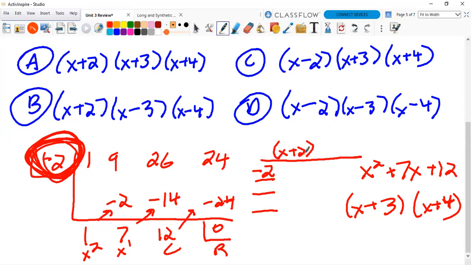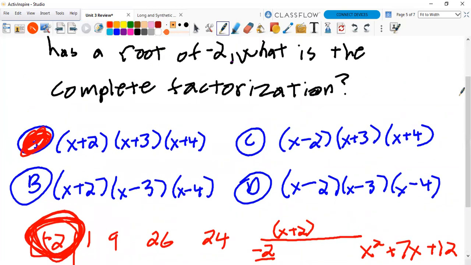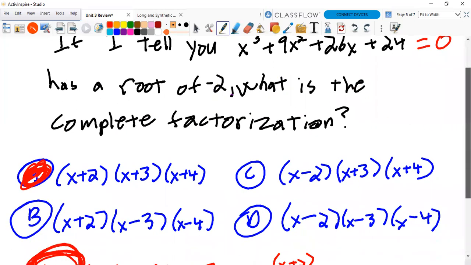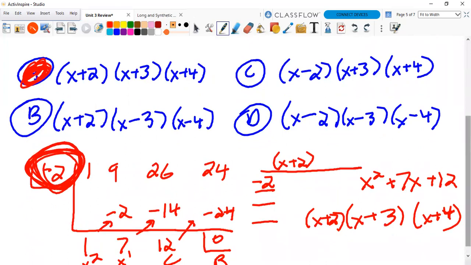What's got to cancel that out? +2. So my third factor would be x plus 2. So A would be my answer. If you get this question, I might even put this one on here. I'm not guaranteeing it, but hopefully, if you're watching this video, you make a note of that. If -2 is the root, I know I can do synthetic division with it and go from there.